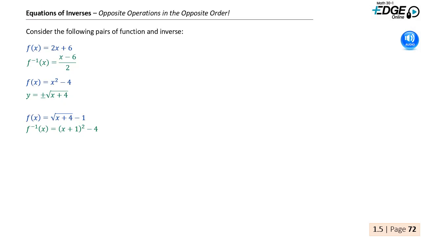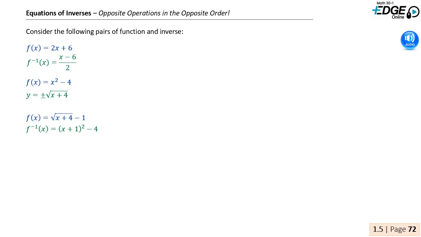A function is in many ways a rule that connects an input value to an output value. And on the first slide of this section, we said that the inverse of a function or relation was performing the opposite operations in the opposite order.